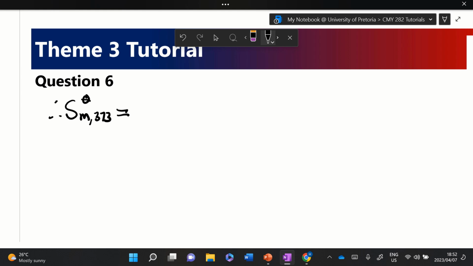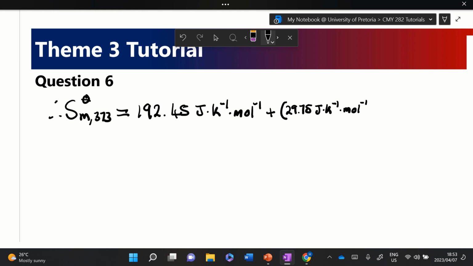is equal to, okay, so we're at least given the entropy at 298 Kelvin, which is 192.45 joule per Kelvin per mole, because we're working with molar quantities. And then we have all these other things. Okay, so then we need to substitute. So then we had A times the ln value. So we had 29.75 joule per Kelvin per mole times the ln of the two temperatures.